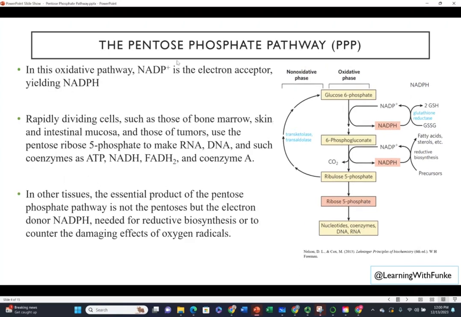And so we talked about the first pathway, the oxidative pathway. In the oxidative pathway, it is important to know that here, contrary to glycolysis where we had NAD pluses and NADHs, now we have NADP plus as the electron acceptor. And NADP plus comes into this pathway where glucose is being converted to 6-phosphogluconate.